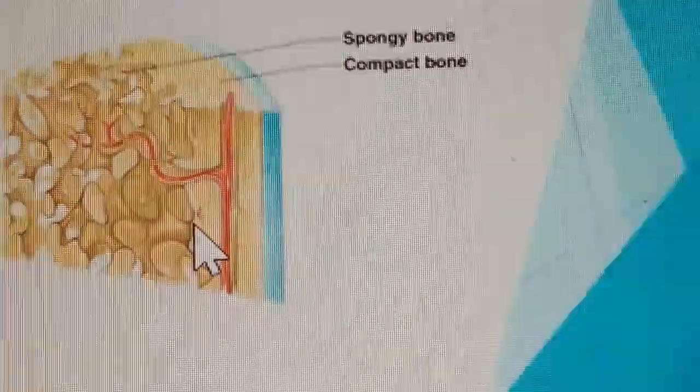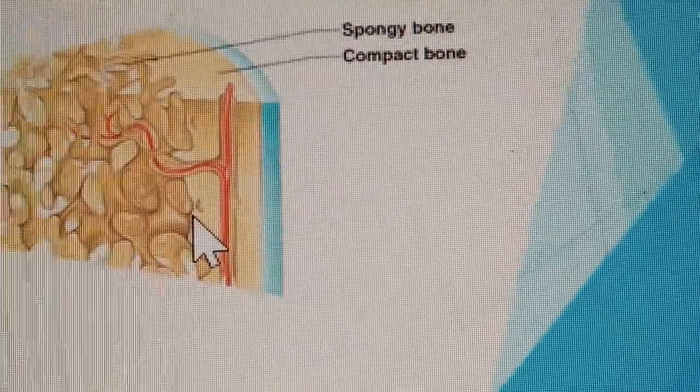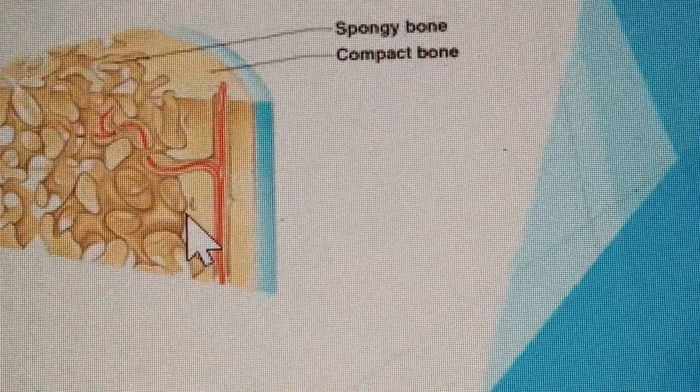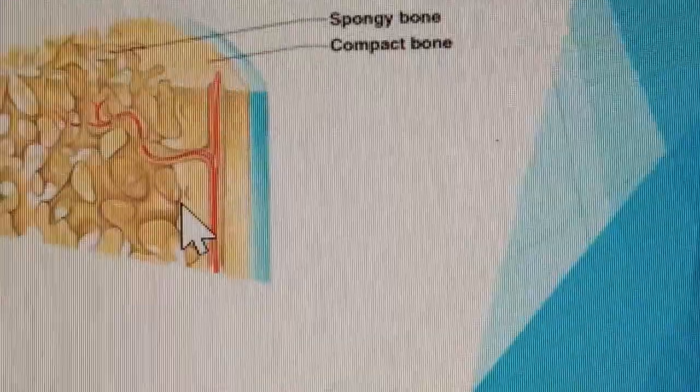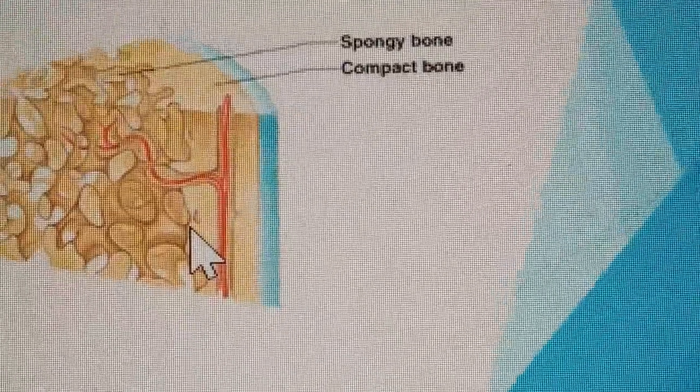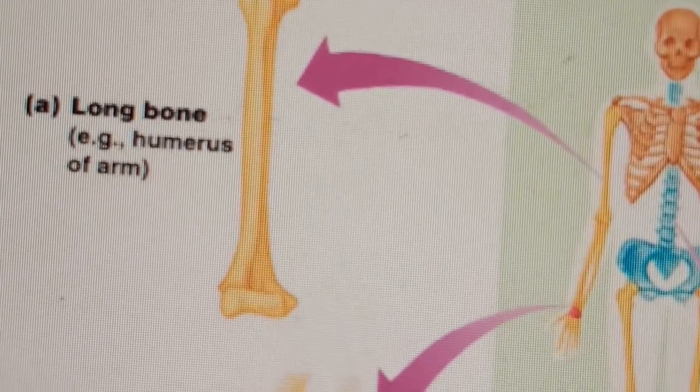Whereas the spongy bone, these are the small needle-like pieces of bones, with many open spaces, as you can see in the slides.